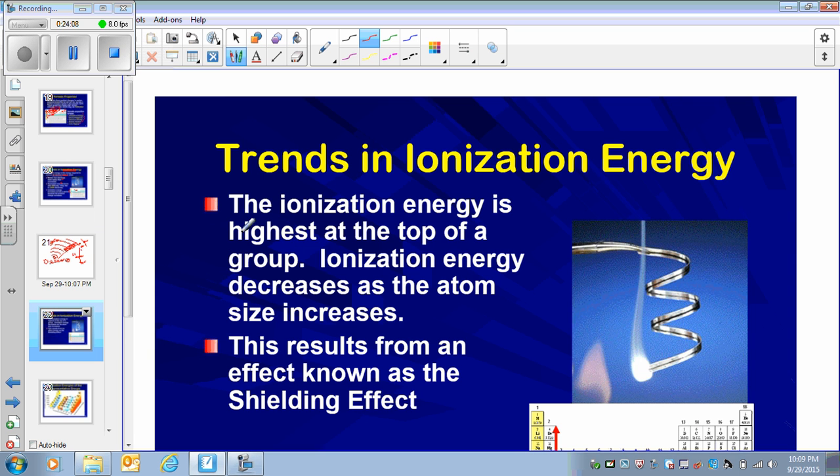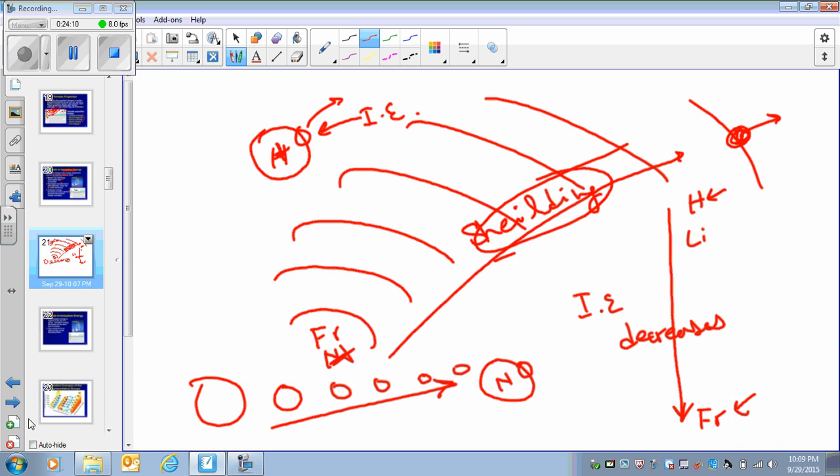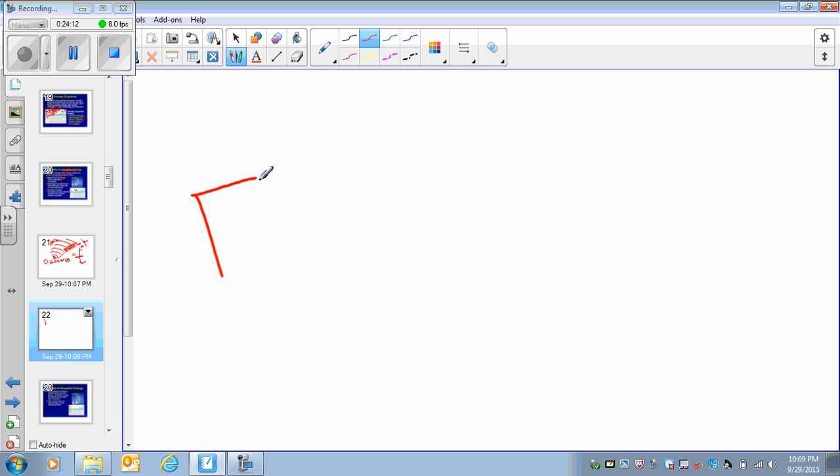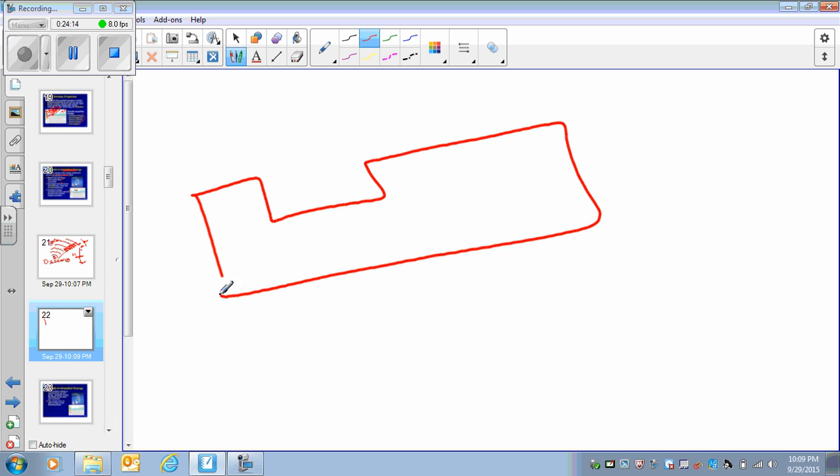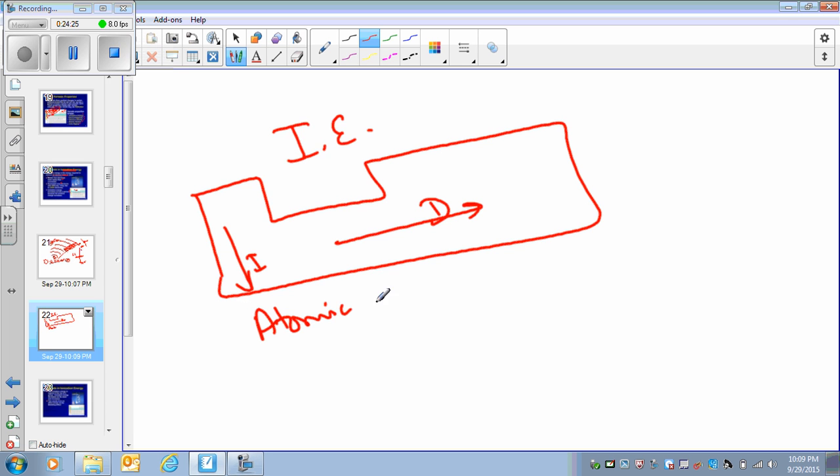So long story short, ionization energy is going to decrease down the group and increase across the period. And the reason for that is atomic radius. Atomic radius decreases across and increases down. So it's opposite to the ionization energy.